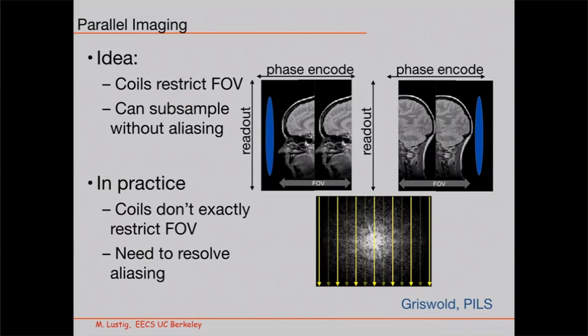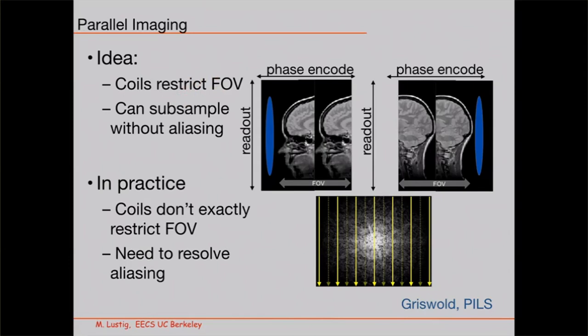If it restricts the field of view, then your field of view is actually smaller than the object for each one of those coils. So maybe we can just reduce the number of phase-encoding steps and not get aliasing, because the field of view is restricted. So here's the theoretical situation.